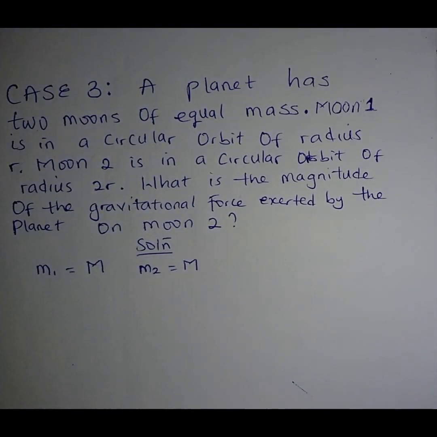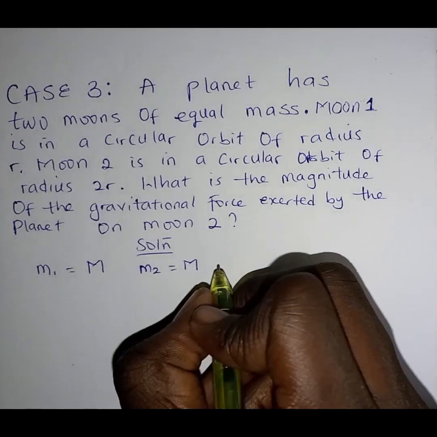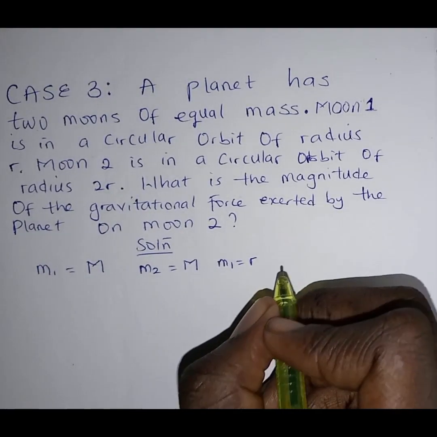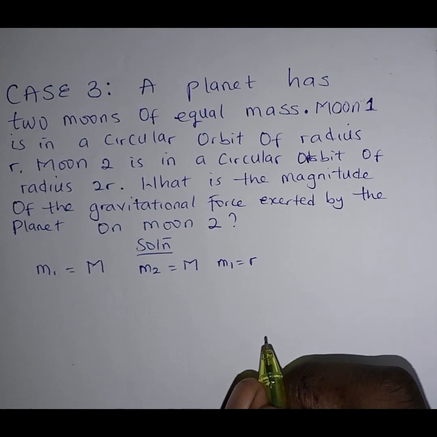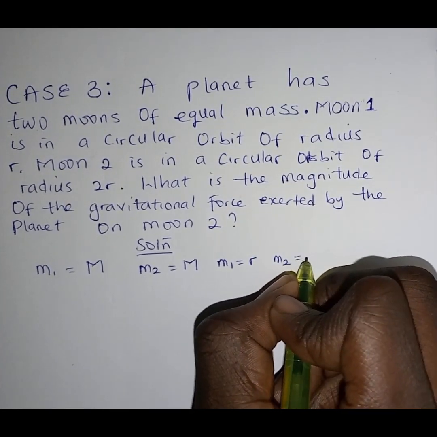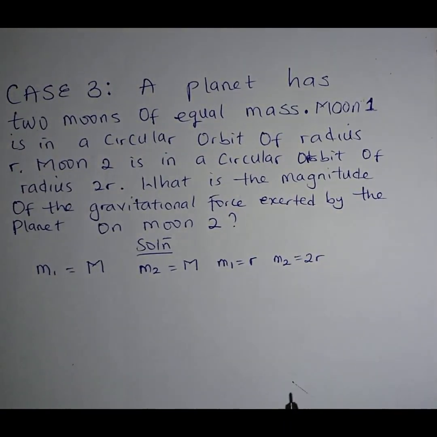Moon 1 in a circular orbit of radius r. So therefore moon 1 has what? Radius r, and moon 2 in a circular orbit of radius 2r. So moon 2 has radius what? 2r. What is the magnitude of gravitational force exerted by the planet on moon 2?